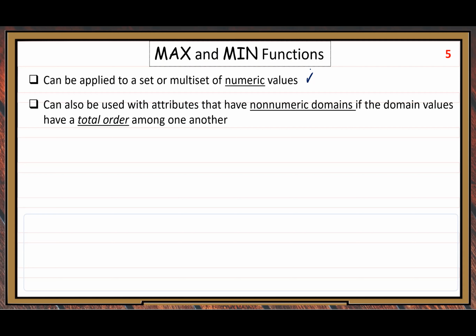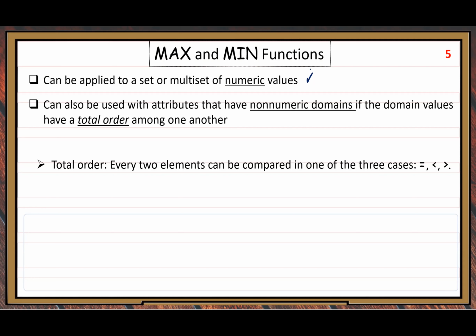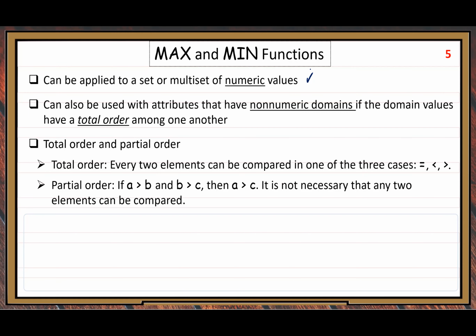So when we apply these two aggregate functions, max and min, the total order and the partial order, these two concepts I explained before. Explicitly, with total order, every two elements can be compared in one of the three cases: equal, less than, greater than. But with partial order, you only need to have the transitivity property.